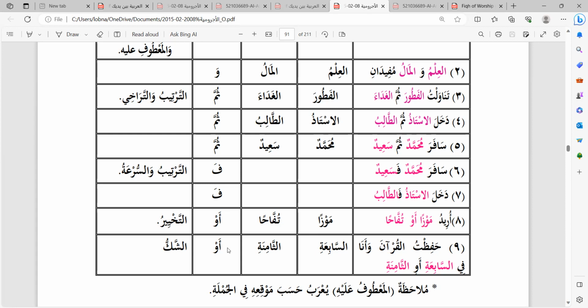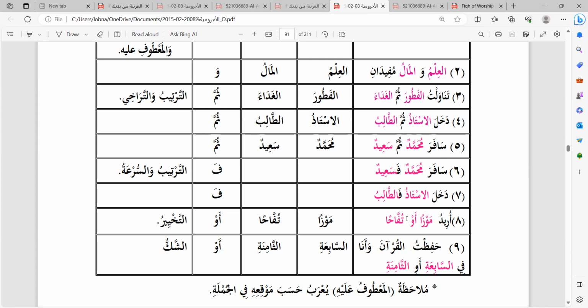Yeah. So أو is used either in تأخير, or in terms of shak. Shak is like when you're in doubt. Take this or this. I memorized Quran when I was 7 or 8. Well, nothing too hard about these. Is everything clear with whatever we took?